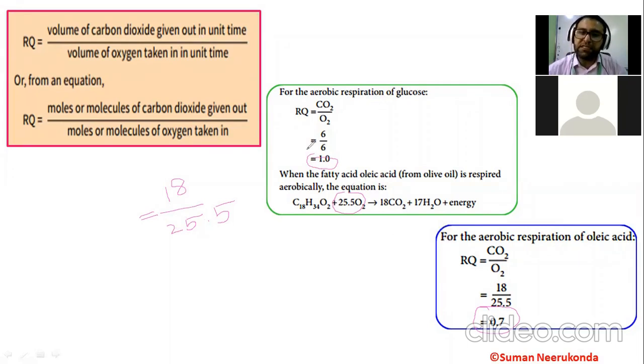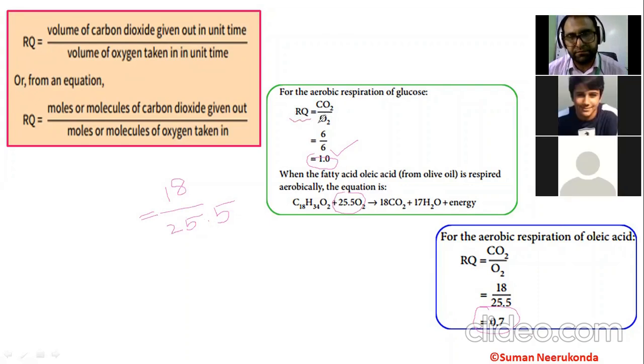Why is the respiratory quotient of glucose more than that of fatty acid? Because if oxygen utilization is more, the respiratory quotient will be less. Am I clear up to here? Oxygen utilization in glucose is less, while in fatty acid oxygen utilization is more.